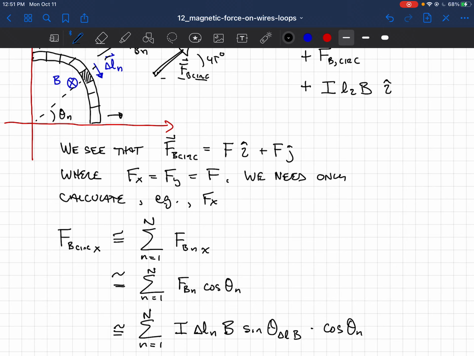So what is the angle between delta L and B? Well, you might think that it's a little bit weird, but it's actually easy. We have L pointing in some weird southeast direction, but B points into the page. So it's a vector that points directly into the page. So that angle then is just 90 degrees, and sine of 90 is just 1. So that's going to be easy.